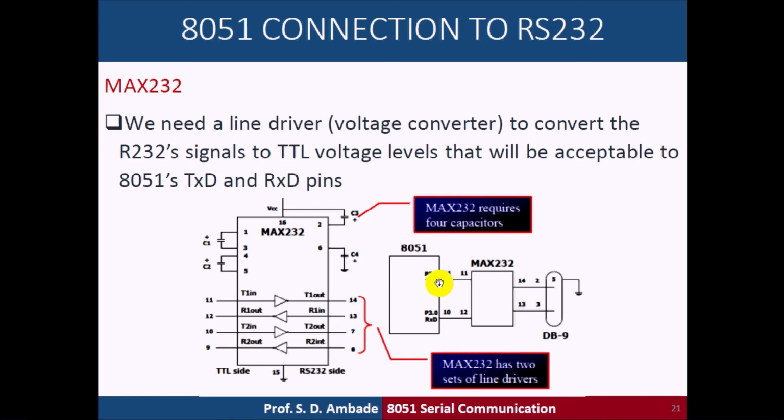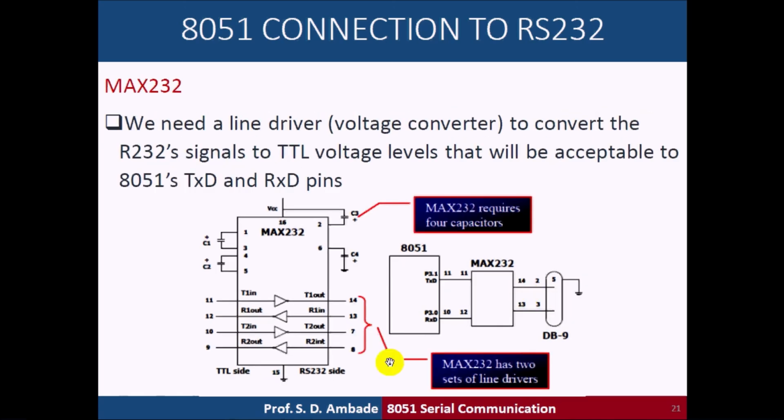So pin P3.1, the TXD pin, is connected to T1 in, pin number 11 of the MAX232 IC, meaning transmit in. Pin P3.0, the RXD pin of 8051, is connected to R1 out of the MAX232 IC.